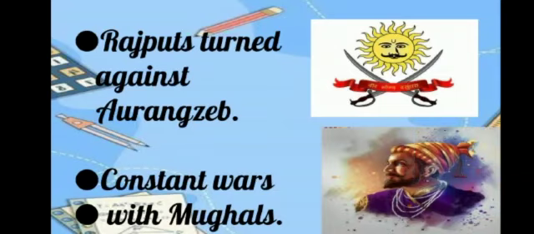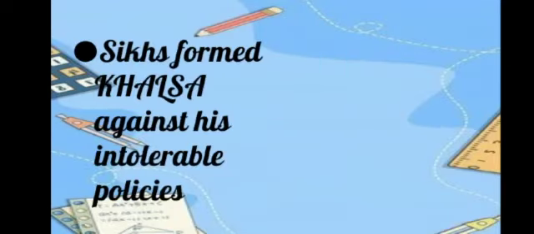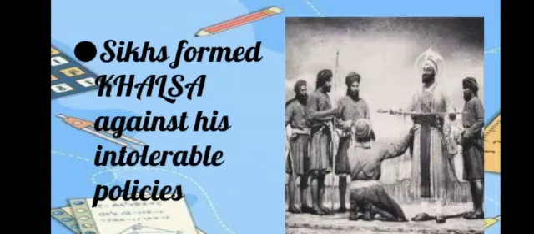The Marathas fought against Mughals in Deccan Wars conducted by Aurangzeb. The Sikhs formed an armed community called Khalsa under the leadership of 10th Guru, Guru Gobind Singh, and rebelled against the Mughals.